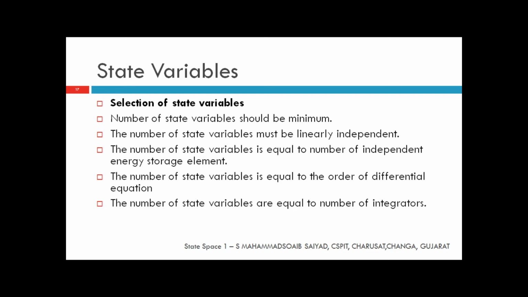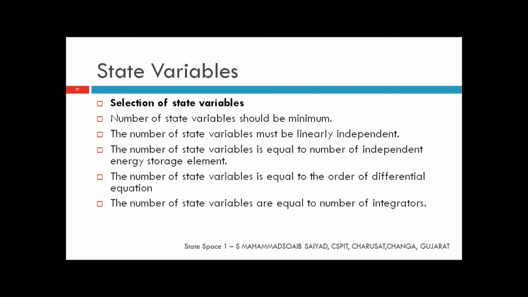So if your circuit has one L and one C, you have to take dIL by dt and dVc by dt. Suppose you have two inductors and one capacitor, then you have to take dIL1 by dt, dIL2 by dt and dVc by dt.